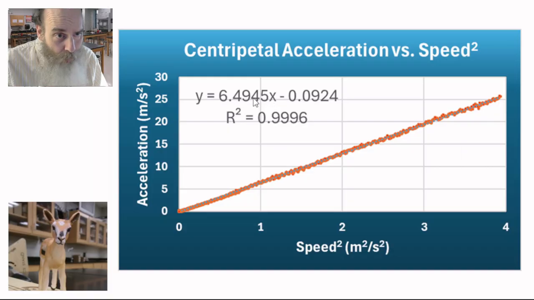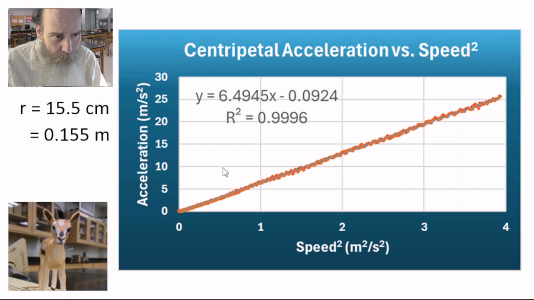Now what is this coefficient in front of the x? In our experiment, r was 15.5 centimeters, which is 0.155 meters. If we take 1 over r, we get 6.452 meters to the negative 1. Look at that, 6.452 compared to 6.4945.